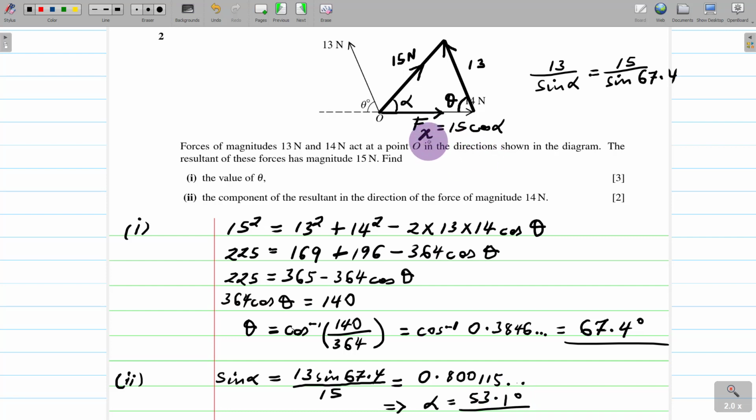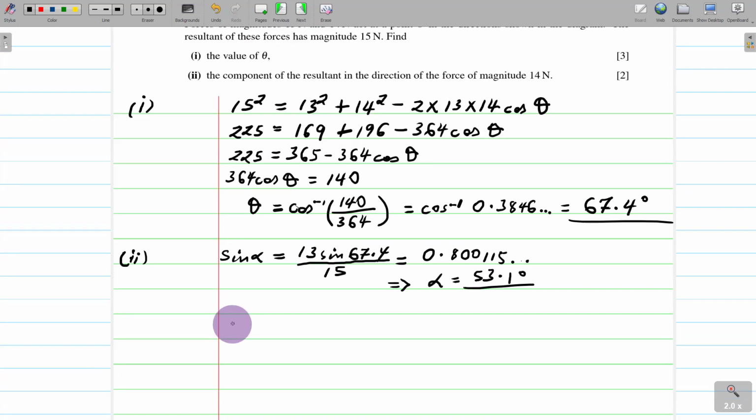Now the component of the resultant in the direction of the 14 Newton force will be 15 cos of 53.1. So we are going to say F in the positive x direction is going to be equal to 15 cos 53.1 degrees.